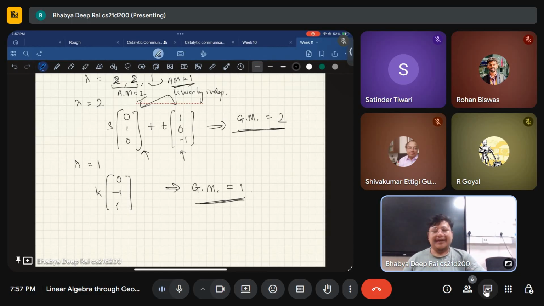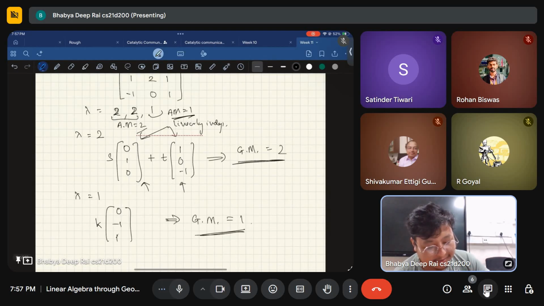But how do we actually achieve this? In essence, we are supposed to get 2 families of eigenvectors, right?